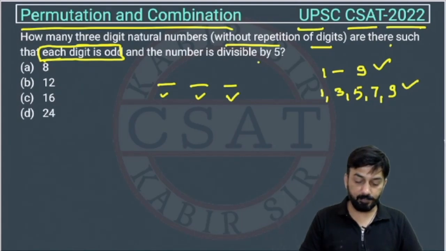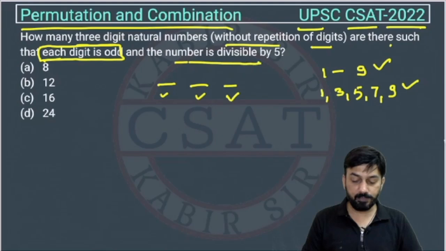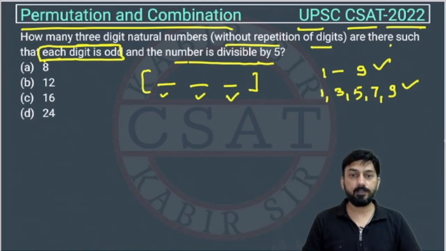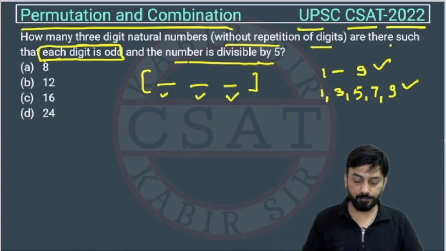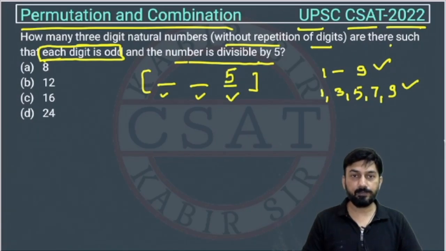Okay. Then one more condition is given, that the number is divisible by 5. So this number should be divisible by 5. If you remember from the number system in the divisibility rule, the number will be divisible by 5 if the last digit is 5 or 0. But here we have to consider only 5, because we have to consider only natural numbers, right?